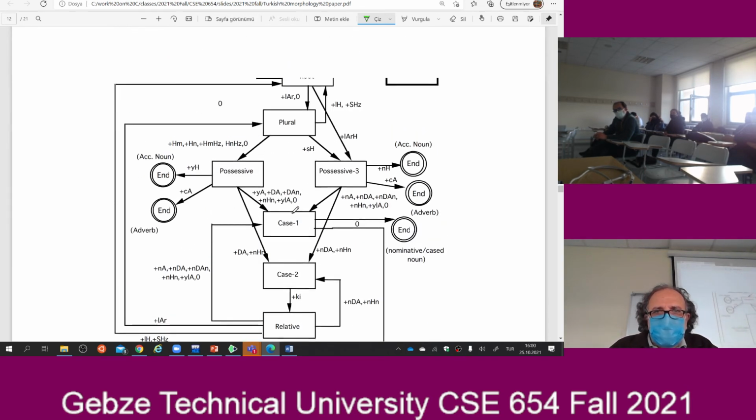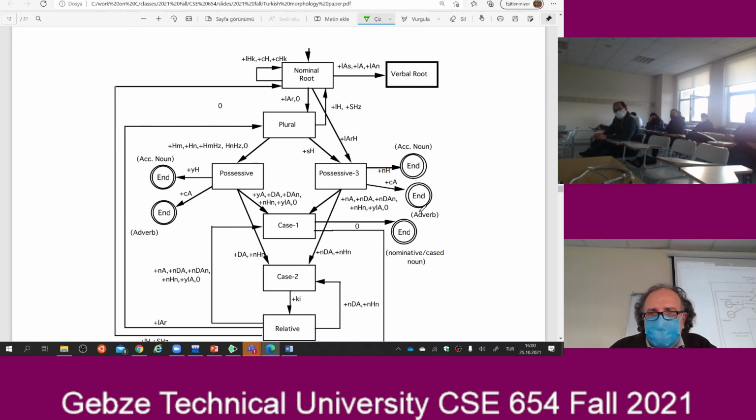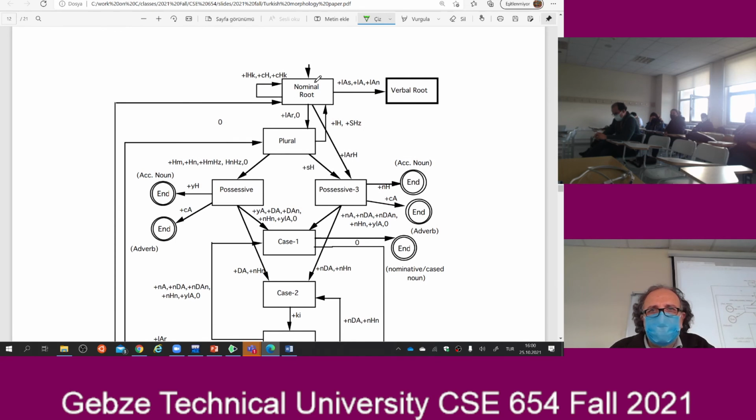So these are my end states. I start with a nominal root and I end up with an accusative noun. Iyi hali, noun, zarf, nominative case noun. Sade hali, zarf, accusative noun again.